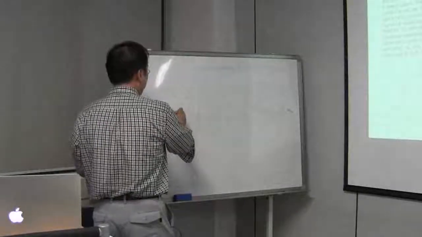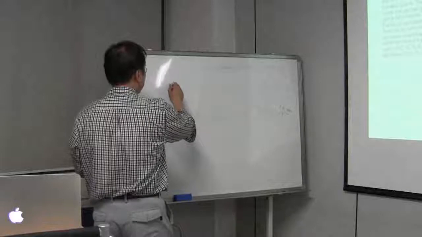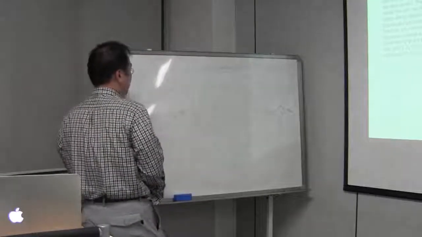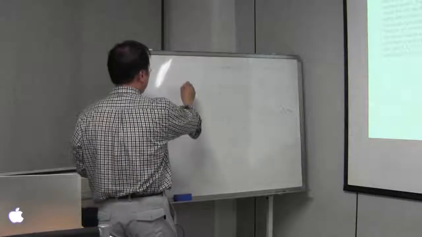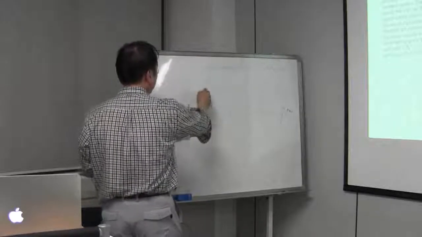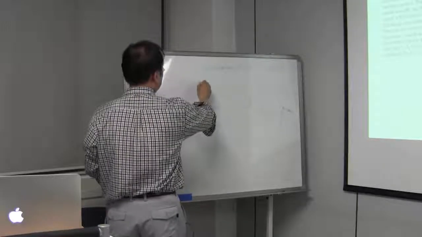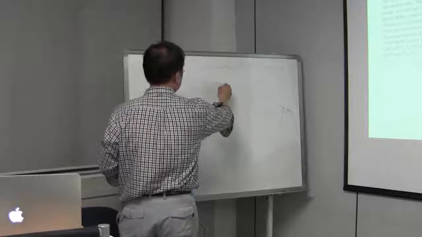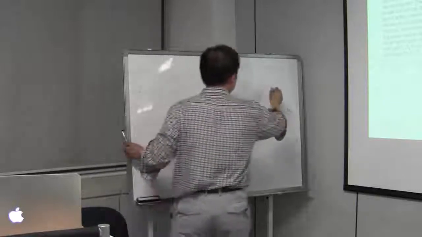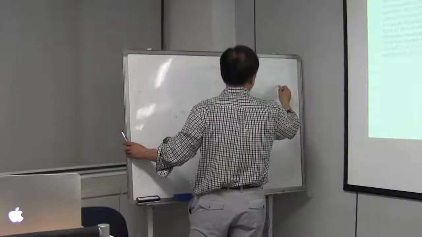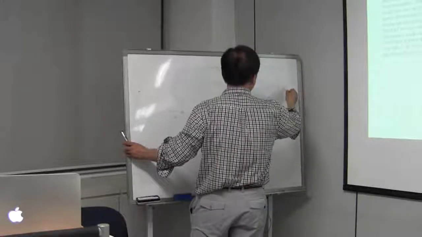Then, if you have a general x, not necessarily close to 0, this position will be equivalent to x plus 1 here, x plus 2 here, x plus 3 here, up to x plus 9,999.